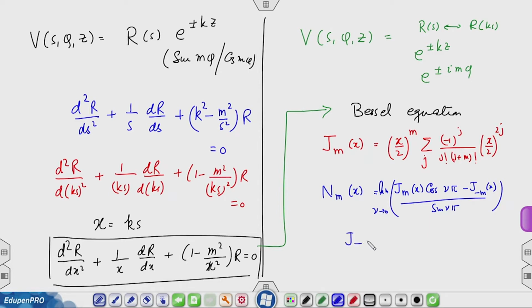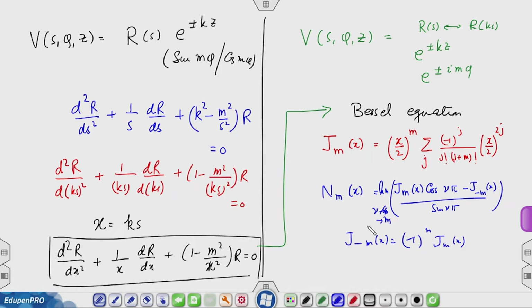J_minus m(x) is equal to (minus 1) raised to m, J_m(x). And you can show as nu goes to m, where m is an integer, N_m and J_m are two independent solutions. So, this is the whole thing that we have gotten.